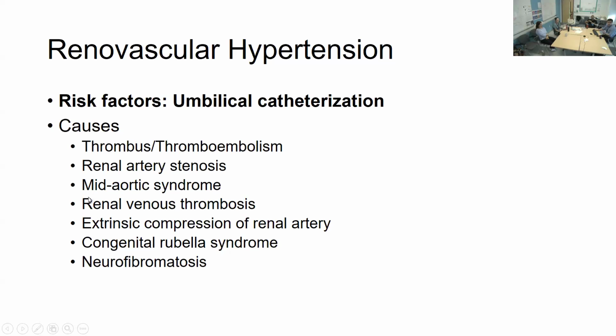Again, not something that we maybe see quite as commonly. Can I ask a question? What's mid-aortic syndrome? So this is in babies who, for whatever reason, have something that causes constriction of the abdominal aorta, certainly before the branch off point of the renal arteries.